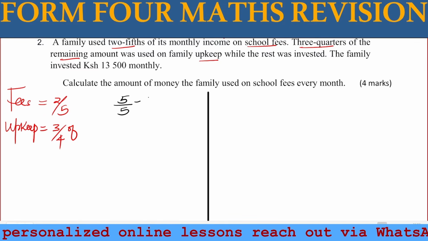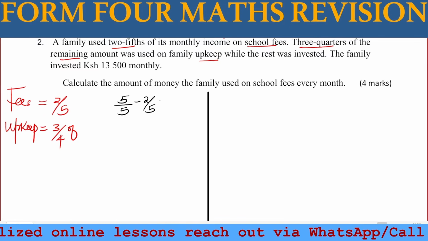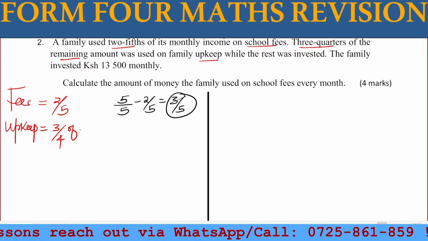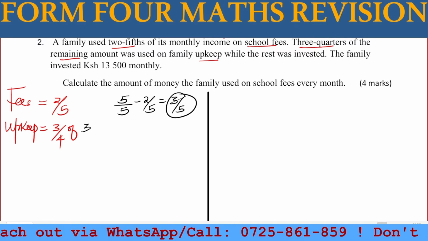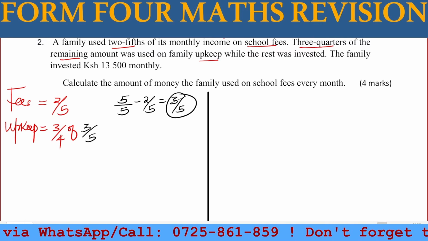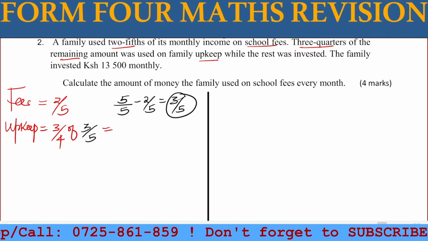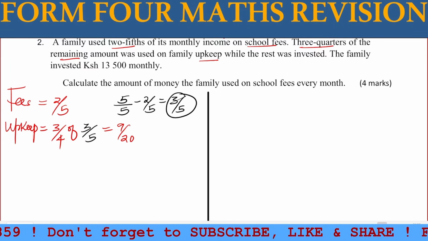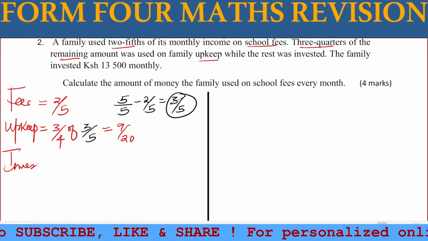That is how we get the remaining. So subtract 2/5, and the remaining is 3/5. So upkeep is 3/4 of the remaining, and the remaining is 3/5. When you work it out, this will give 9 divided by 20.